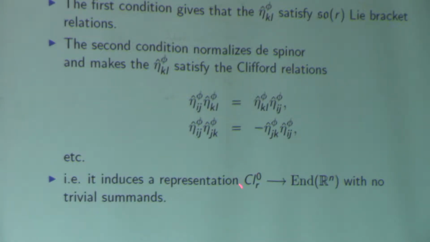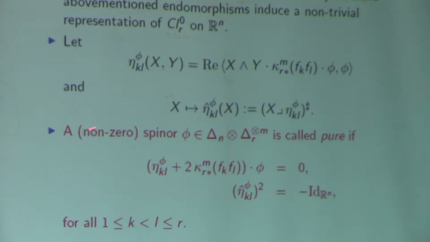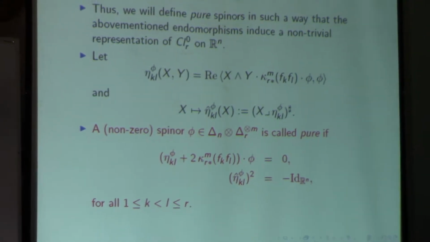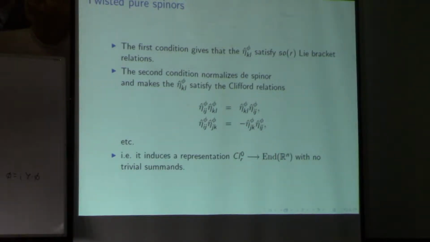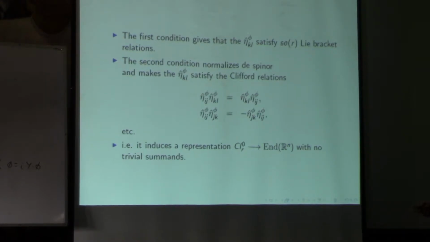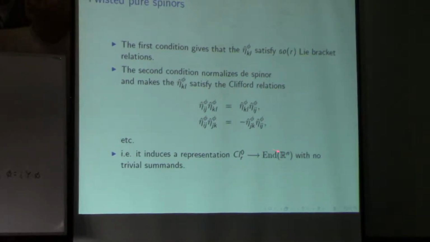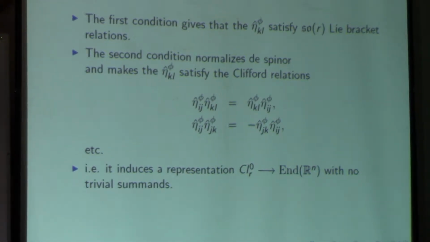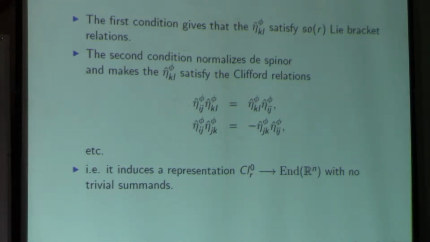Because it lives within a bigger algebra, which is the Clifford algebra. So what that means is that this was what we were looking for, a suitable spinor that would give me an embedding of the Clifford algebra into endomorphisms. By the way it is defined, and they exist, that is the point, there is a representation of this into the endomorphisms of R^n with no trivial summands.